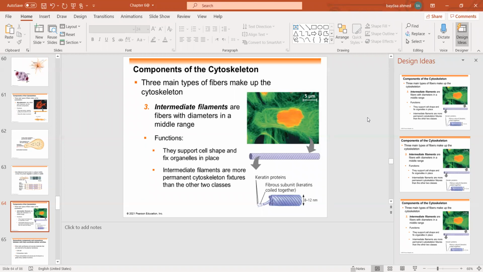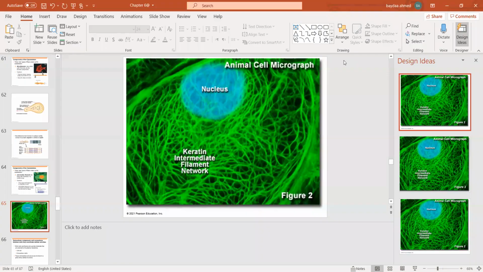For example, the outer layer of our skin consists of dead skin cells full of keratin filaments. Intermediate filaments are especially sturdy and play an important role in reinforcing the shape of the cell and fixing the position of certain organelles. For instance, the nucleus sits within a cage made of intermediate filaments.